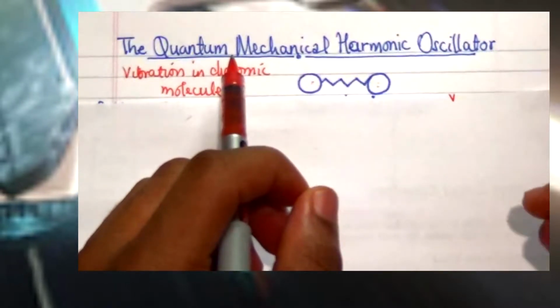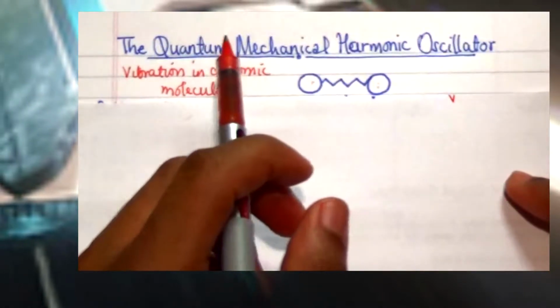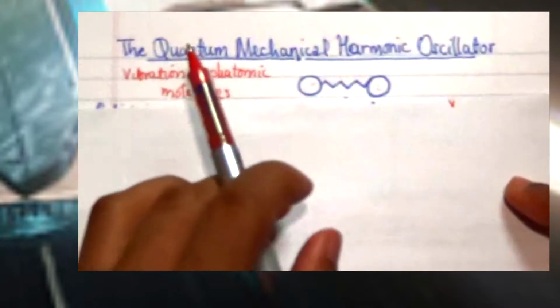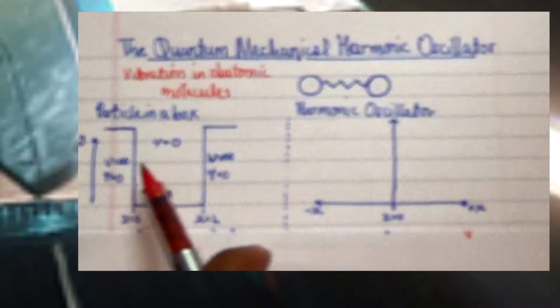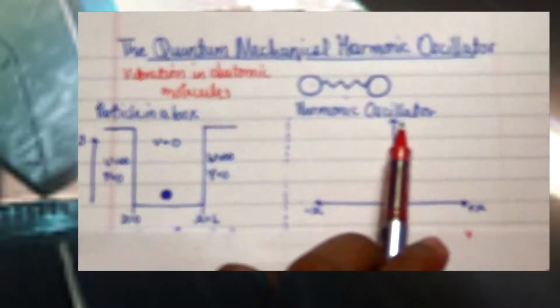Now first let's look at the differences between the particle in a box, which is represented by this diagram over here, and that of a harmonic oscillator.